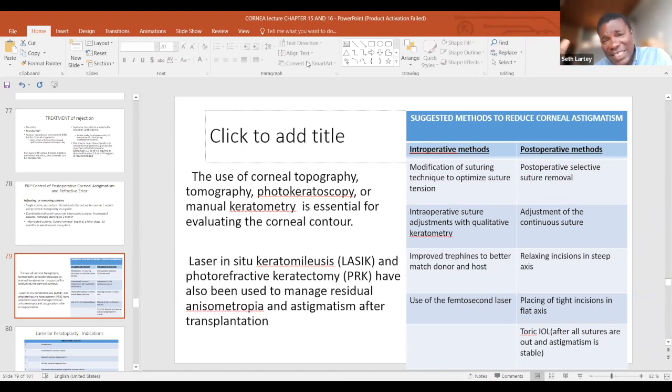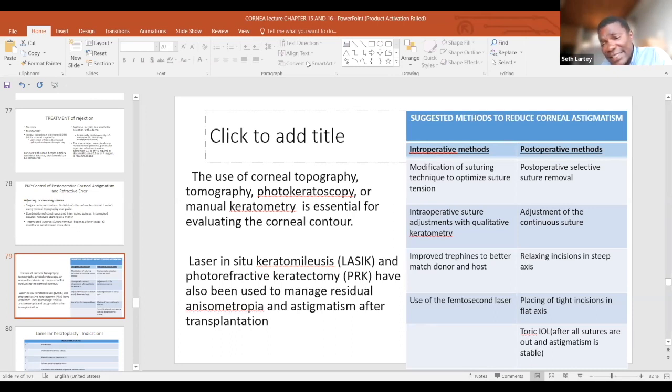You remove sutures and then you flatten the cornea in the axis that you have removed your suture. So throughout your management, you've got to talk to the patients and do that. And then you can also do continuous adjustments of continuous sutures, again, using topography. Now, you can also do relaxing incisions. I do relaxing incisions quite a lot post-op.